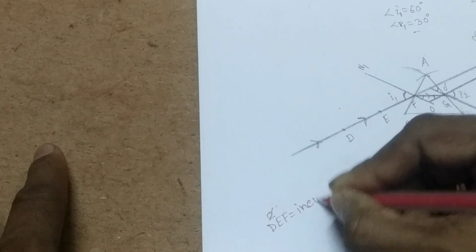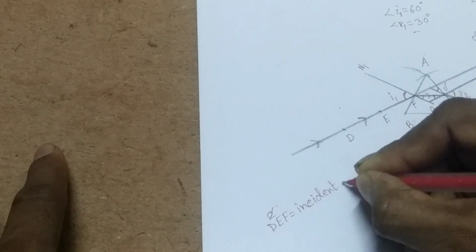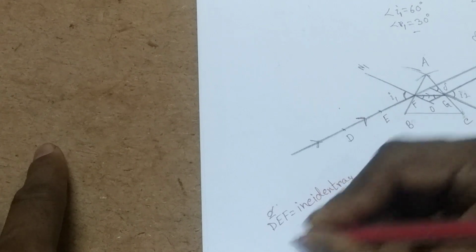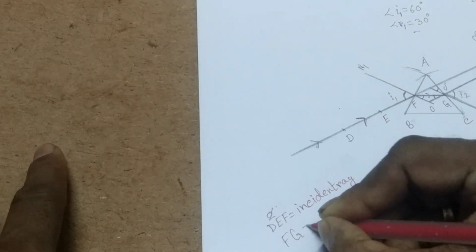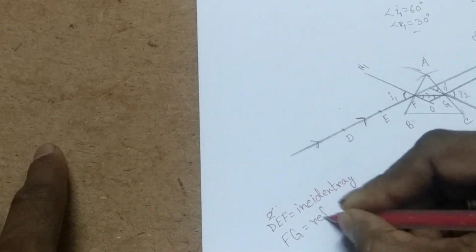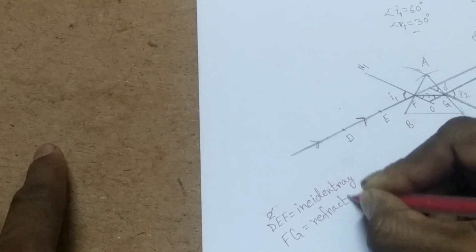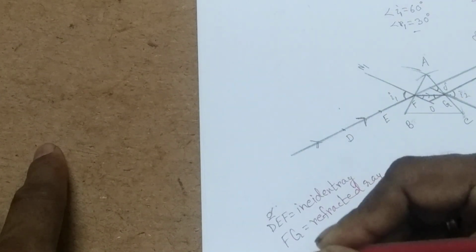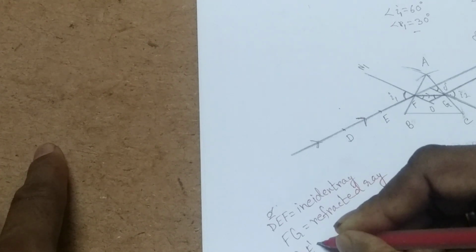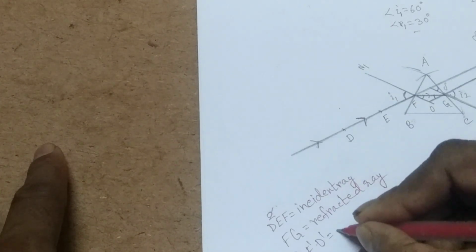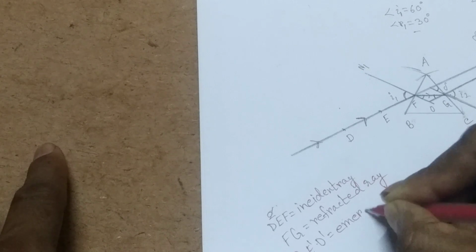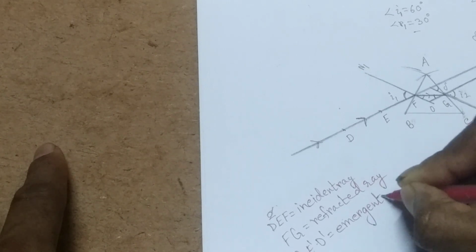Incident ray. You see this one? This one is the incident ray. This is the refracted ray FG. FG is equal to refracted ray, and this one, G E dash D dash, is the emergent ray.